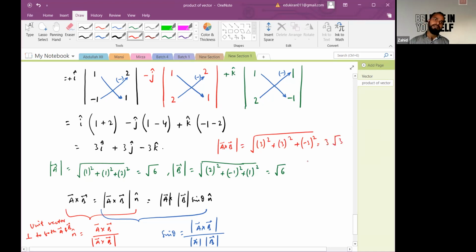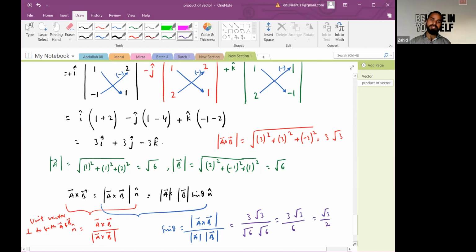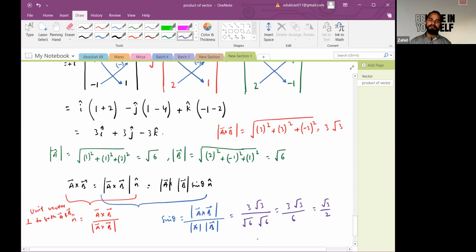Now, on putting all the values in this part, you will get mod of A cross B as 3 root 3 divided by mod of A, which we calculated as root 6, and root 6. On simplifying, it will be 3 root 3 divided by 6, or root 3 divided by 2. So the value of theta for which sine theta is root 3 by 2 is 60 degrees.